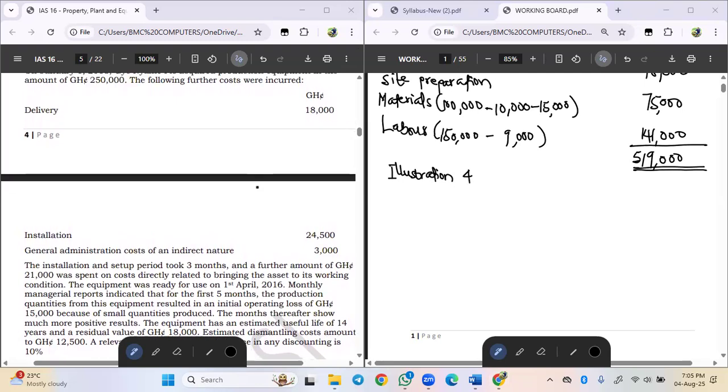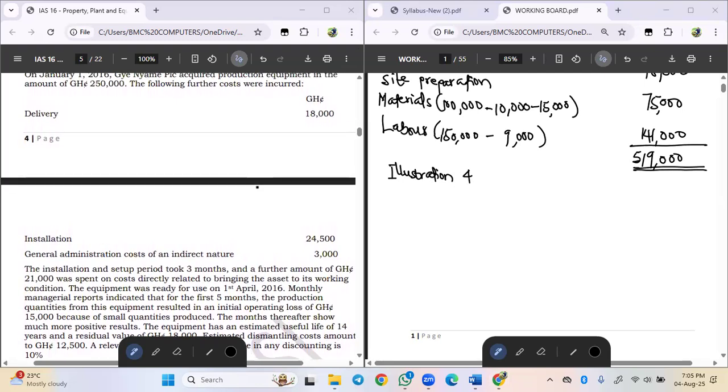So, okay, the installation and setup period took 3 months, and a further amount of 21,000 cedis was spent on cost directly related to bringing the asset to its working condition. The equipment was ready for use on 1st April 2016.